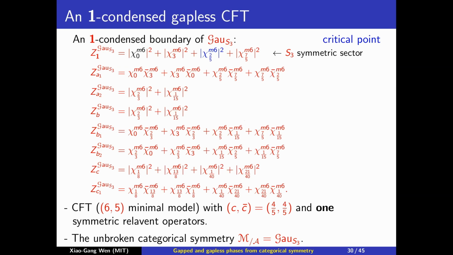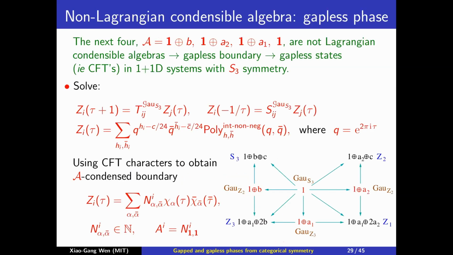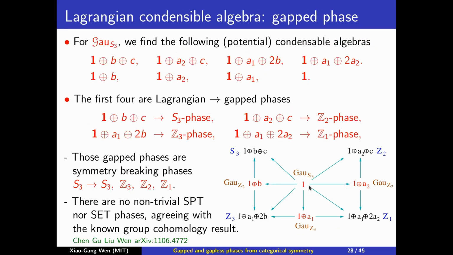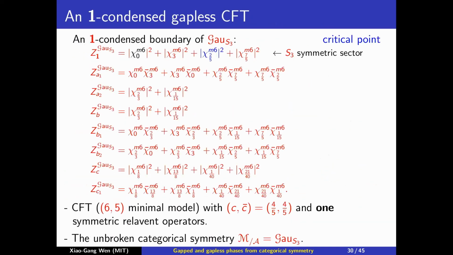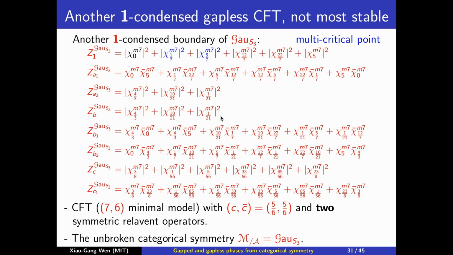And so the question is, what about the S3 to Z1 transition? We don't know. This question is still open. The numerical calculation suggests that it's not the Potts model, not this one, and not even this one. And actually, there's some puzzle here.